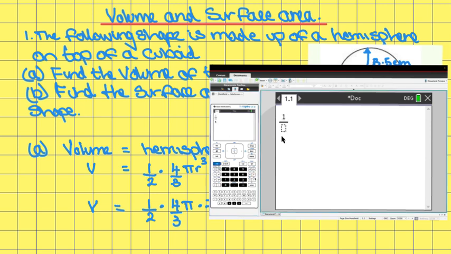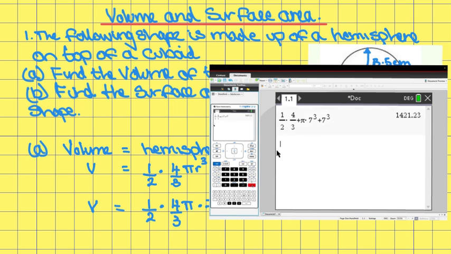So 1 divided by 2 times another fraction, 4/3, times pi, times 7 to the power of 3, plus 7 to the power of 3.